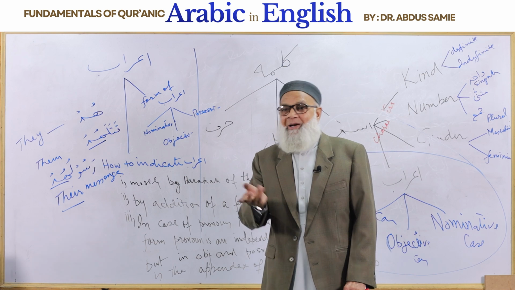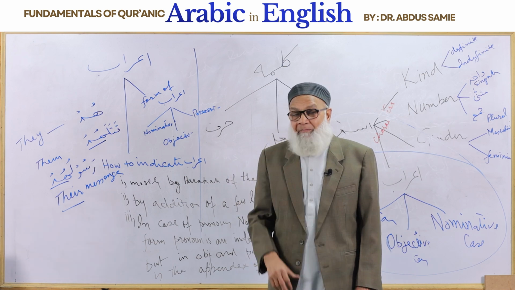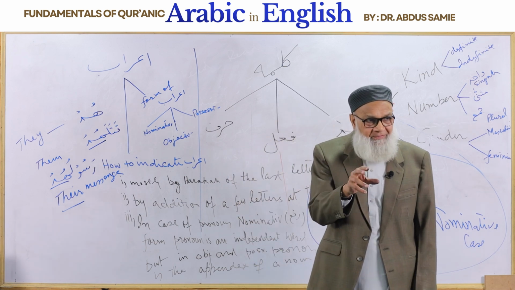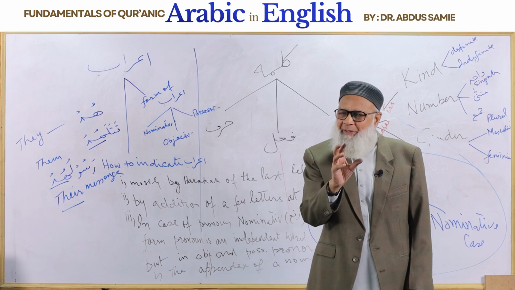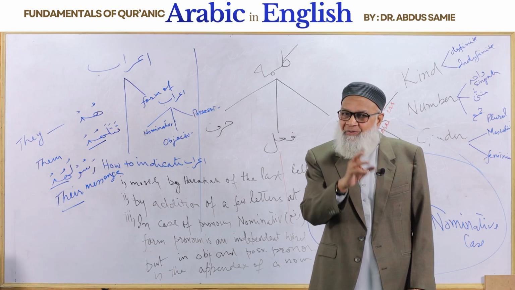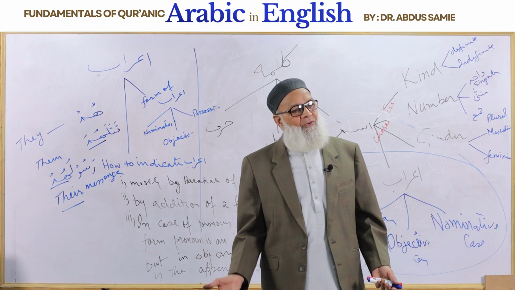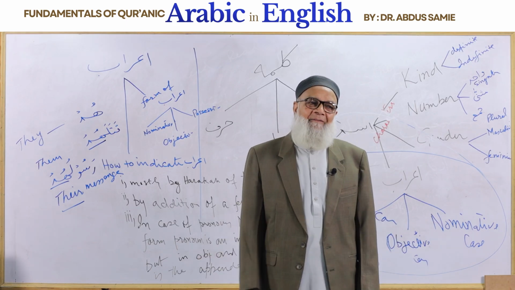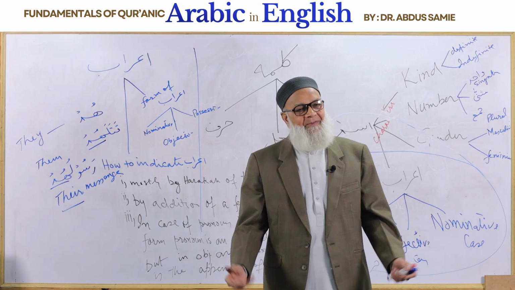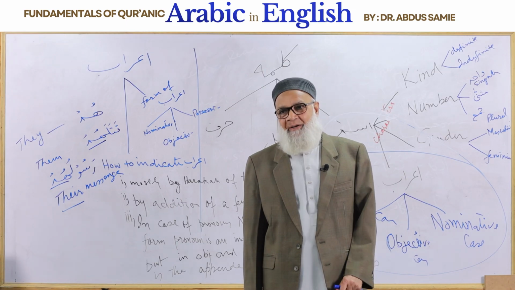If it is broken plural, again you will find out the same. But if you have understood that it looks to be una or ina, so you understand that, oh yes, this is plural form. Now if it is una, it's nominative, and if it is ina, it is otherwise. Okay? That's all for today.